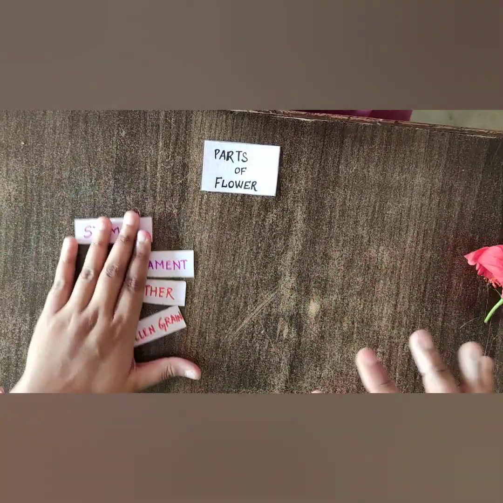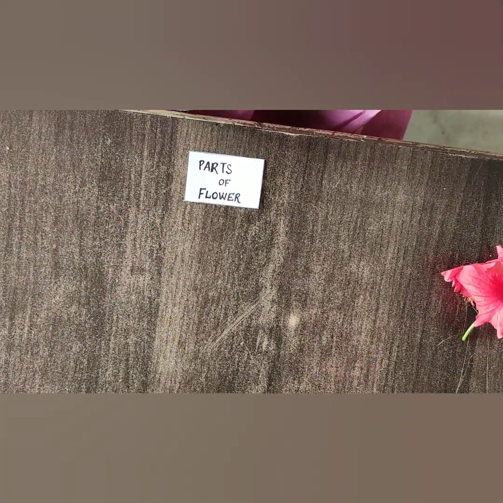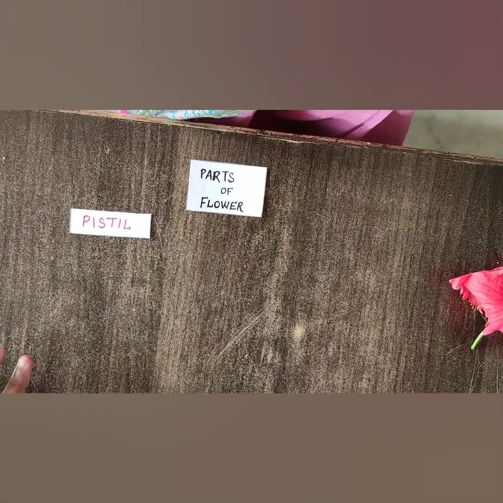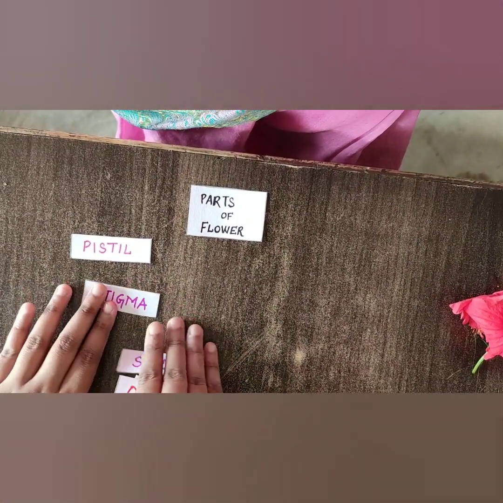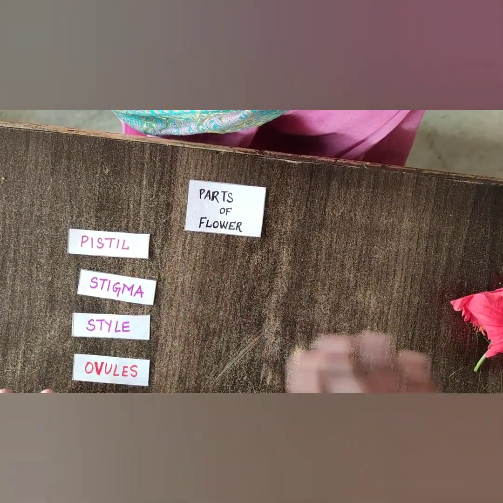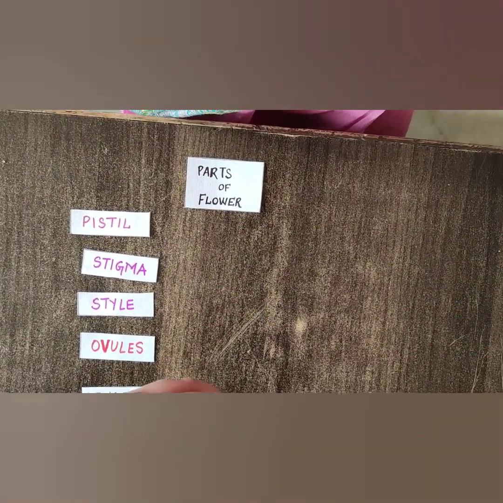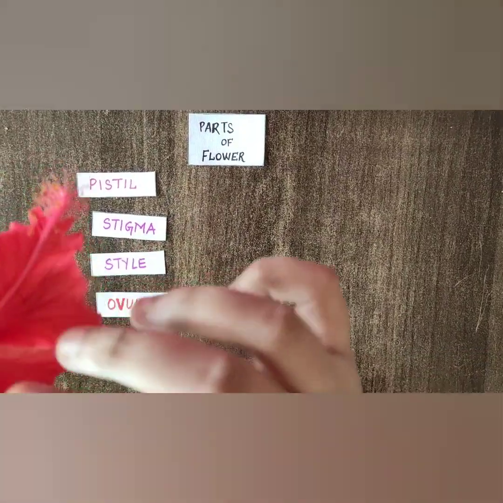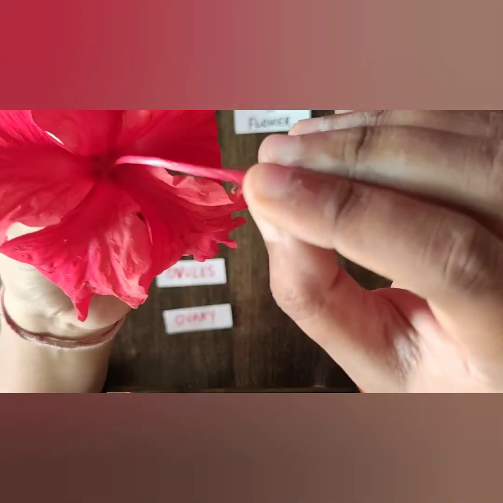Now I am going to show you the female part, which is known as pistil, and it has four parts: stigma, style, ovules, and ovary. This is the whole pistil, from top to bottom inside the flower.